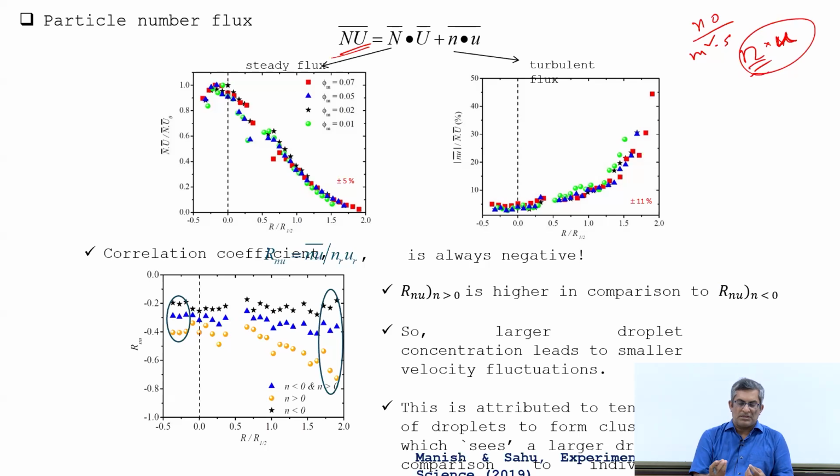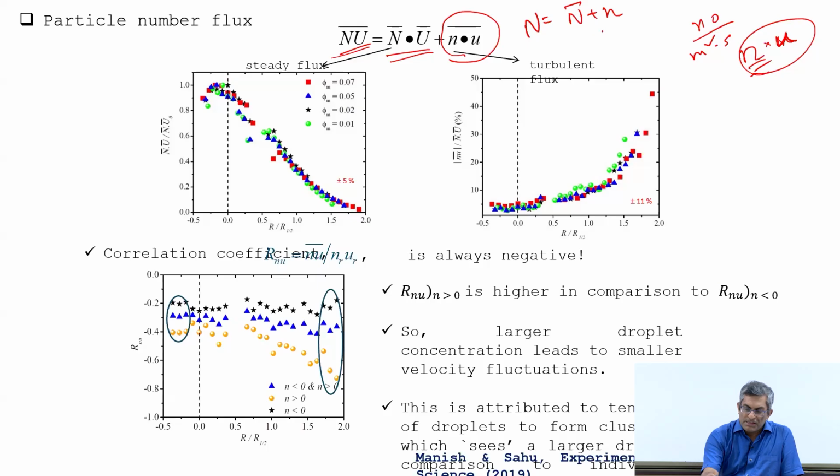Now, if you just use Reynolds decomposition, then we can show that the average of the local number flux is basically equal to the product of the mean number density and mean velocity plus this term. Now what is this? These are actually the correlation between fluctuations of particle number density and particle velocity. So here, this n represents the fluctuations.